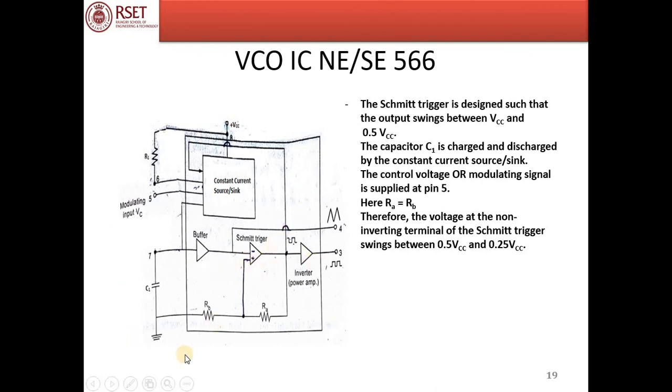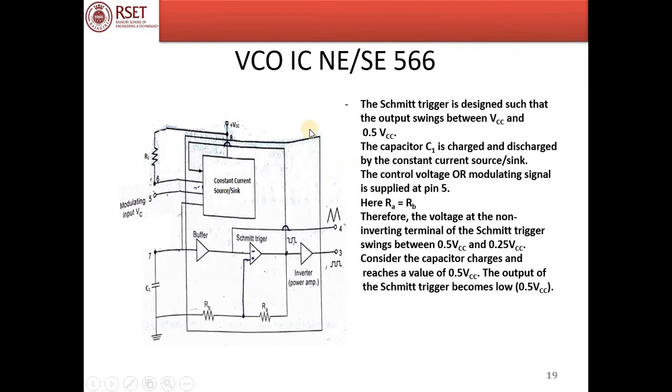Try to find out how. This is the potential divider and RA and RB are equal. So the voltage at this terminal would be half the voltage at this terminal. So since the Schmitt trigger output varies between VCC and 0.5 VCC, the voltage at the non-inverting terminal varies between 0.5 VCC and 0.25 VCC.